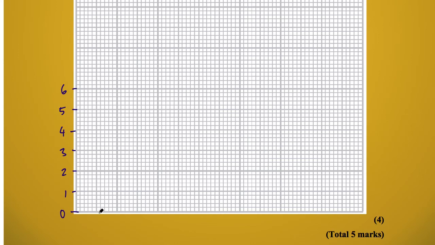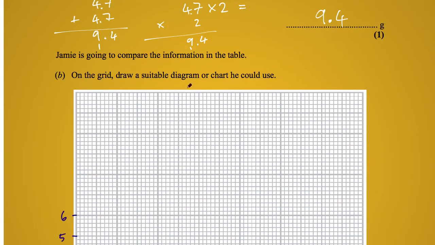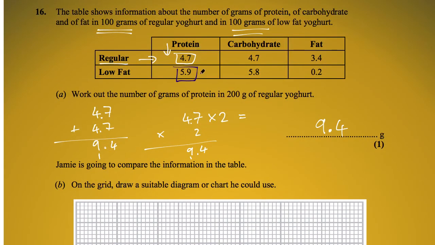Now I need equally spaced bars, so I'm going to leave a space of 1, and then put my first column in there for protein, and it's going to be regular followed by low fat, and then a column for carbohydrate, regular followed by low fat, and then for fat, regular followed by low fat.